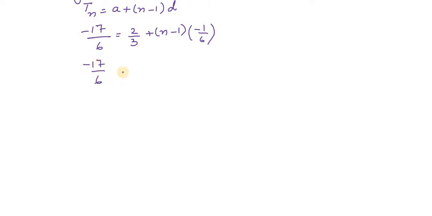Minus 17 upon 6 is equal to 2 upon 3 plus n minus 1 times minus 1 upon 6.